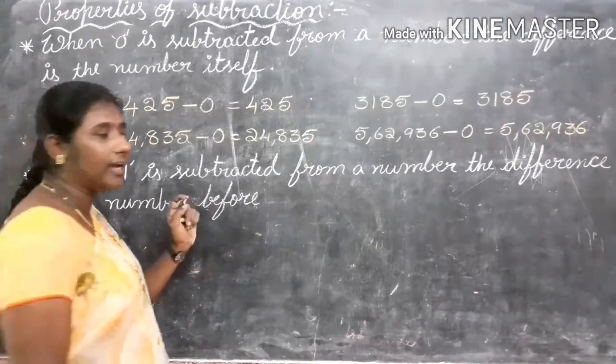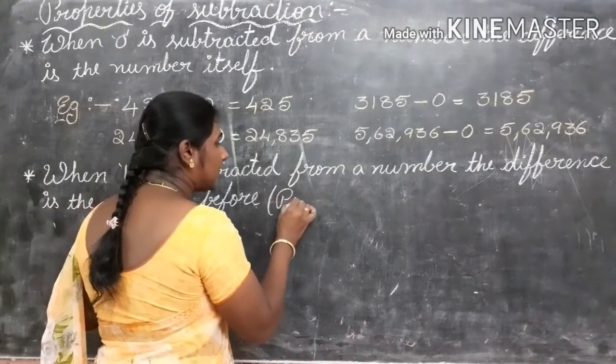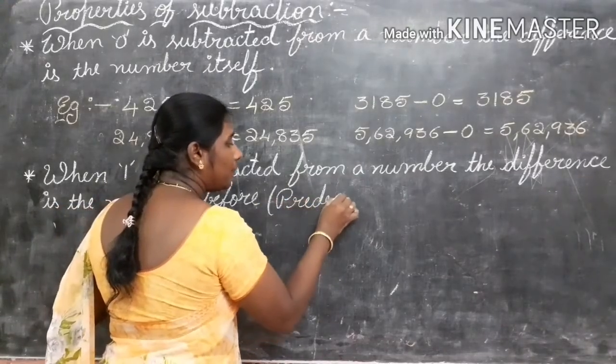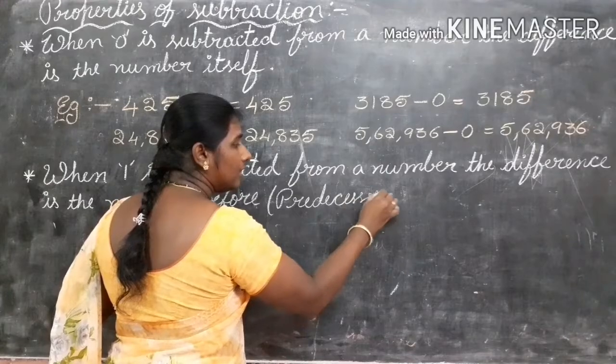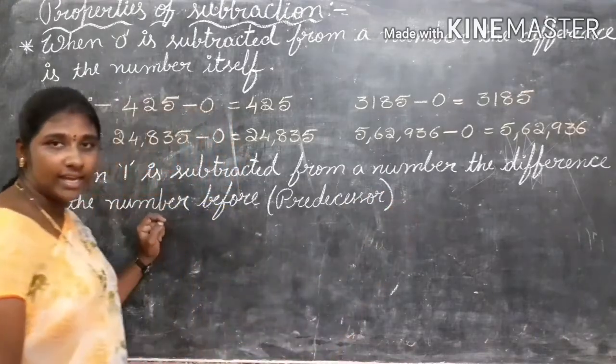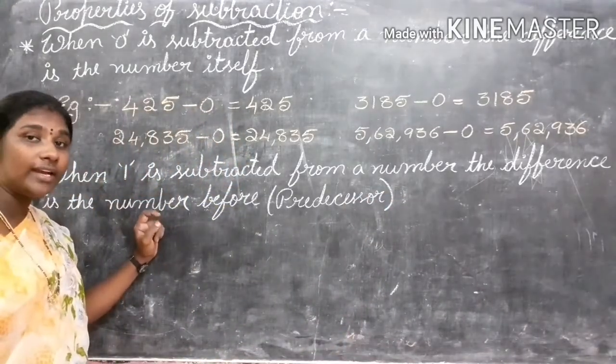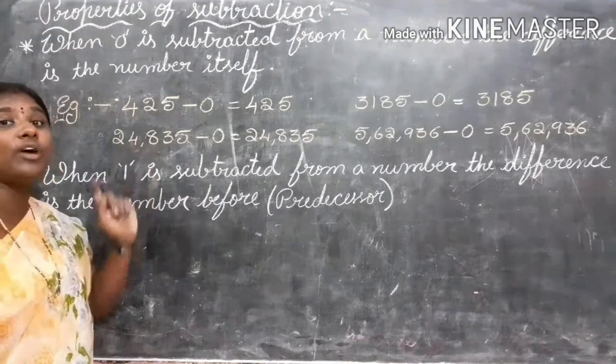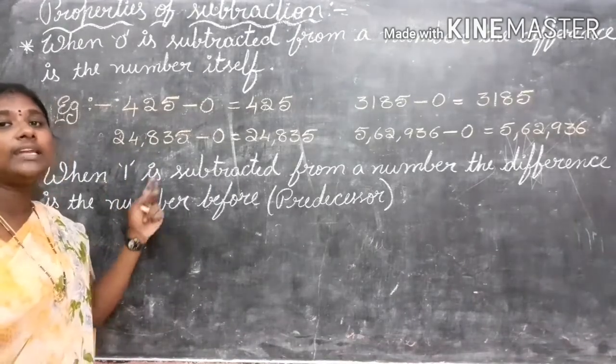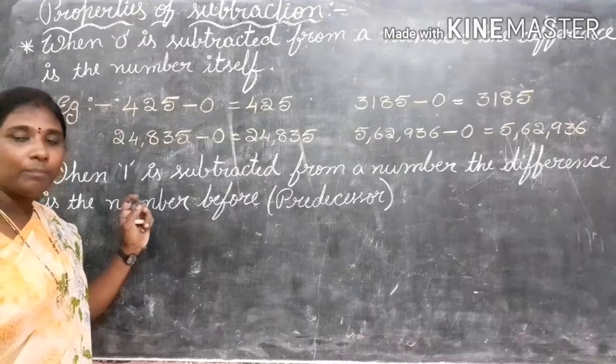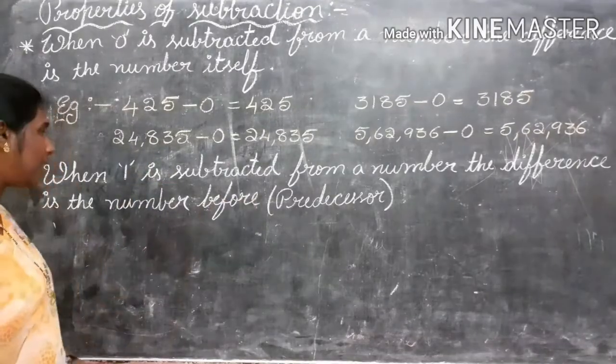Before number, we know. If we subtract 1, we will get the before number. What is it? Yes, it is the predecessor. When we subtract 1 from a number, we will get its predecessor.